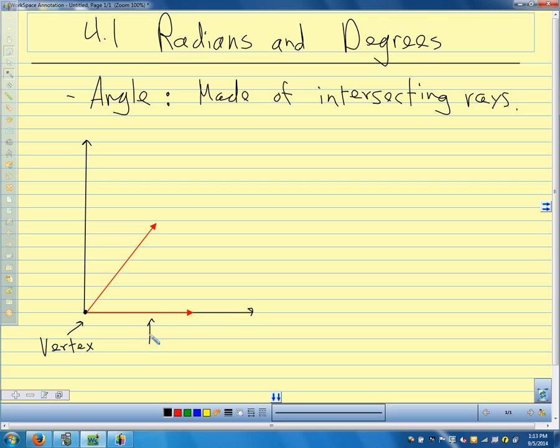We call this side the initial side. And this other side is the terminal side. How do you tell which one is which? The problem will tell you one way or the other. So an angle with its initial side, such and such, and it'll make a description.